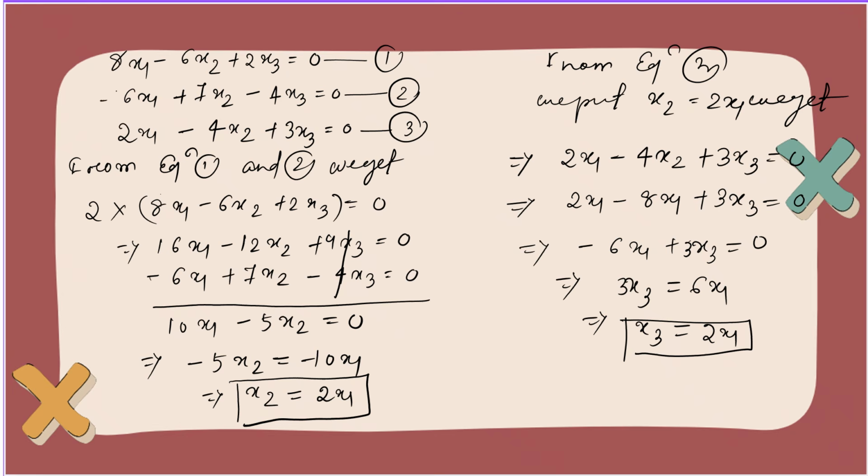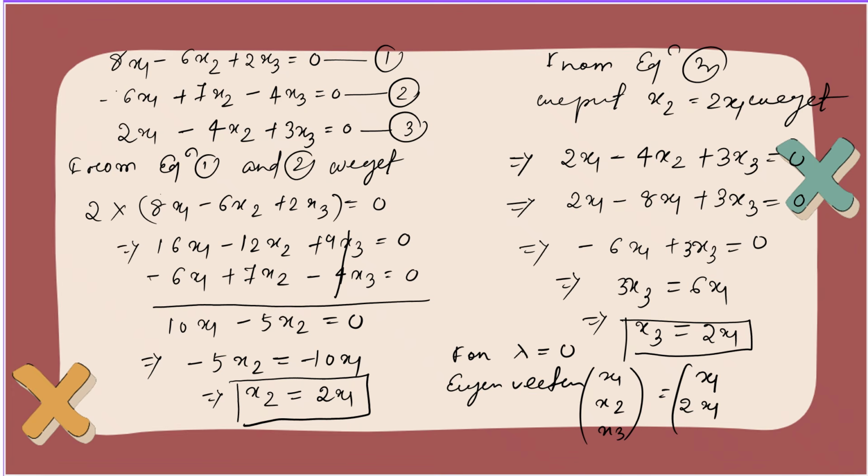Now we have to write the eigenvector for lambda equal to 0. Eigenvector x1, x2, x3 is nothing but, in the place of x1 you write simply x1. In the place of x2 you write 2x1. Then x3 is equal to again 2x1.